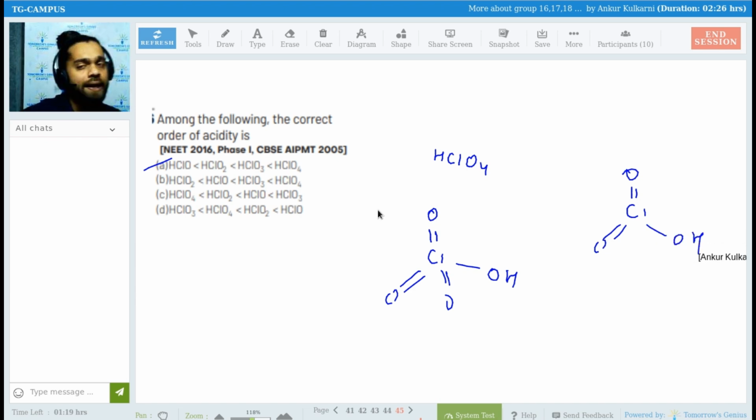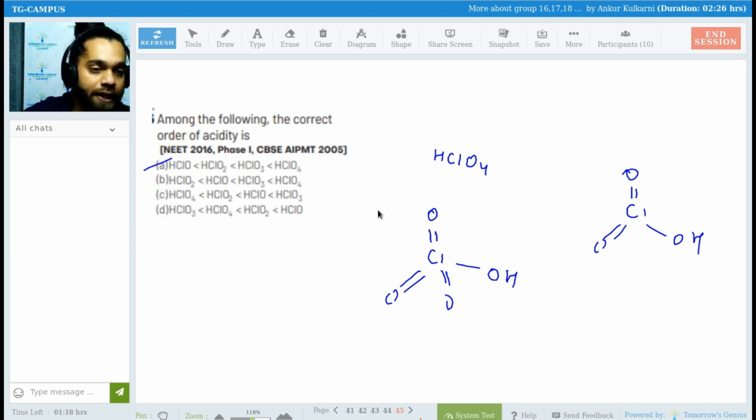Whenever you donate H plus, what charge do you get on the compound? Is it positive or negative?